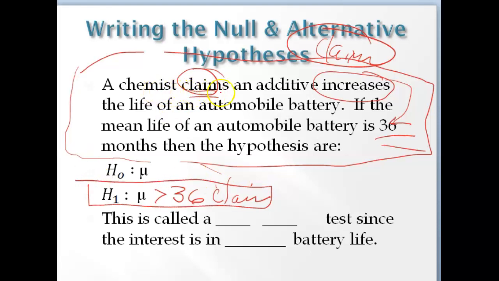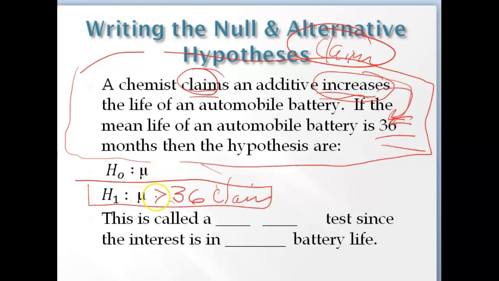The chemist claims that if you use his ingredient, the formula that he's developed, then it will increase the mean life of the auto battery. So that means that the mean life is going to be greater than 36.